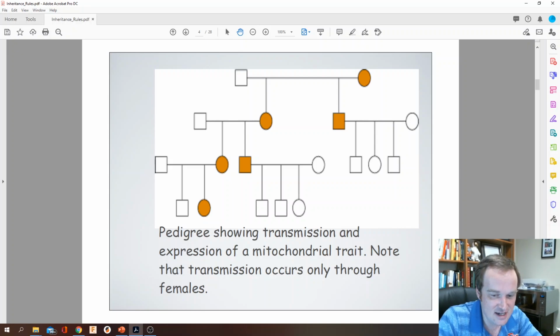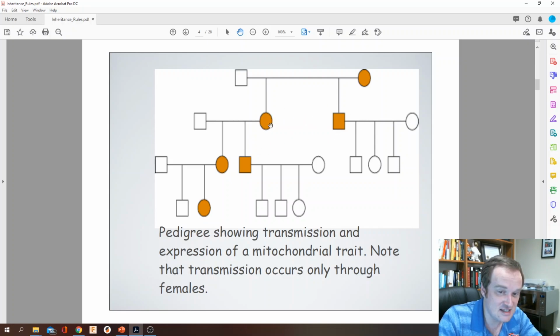And so in this case here, we see that everyone's mother is passing the disease down, right? Here we have a son where the mom passed it down, and she had 2 kids, a daughter and a son, and they both had it.